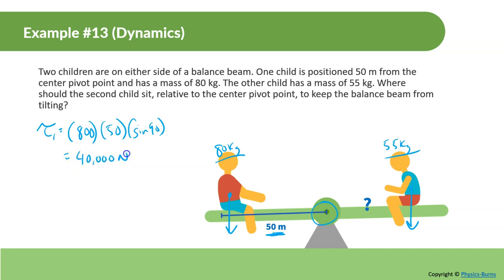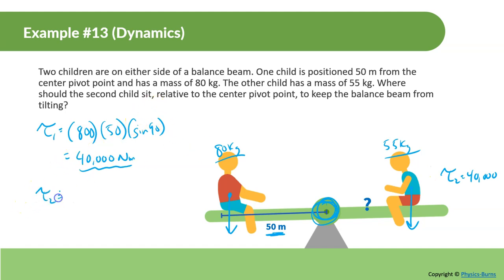newton meters. What this is also telling me is that in order for this to be balanced, this person also needs to be exerting 40,000 newton meters of torque. So let's do that.